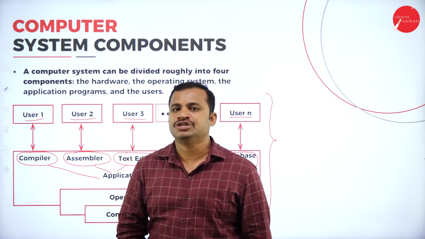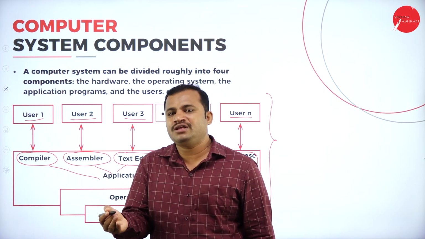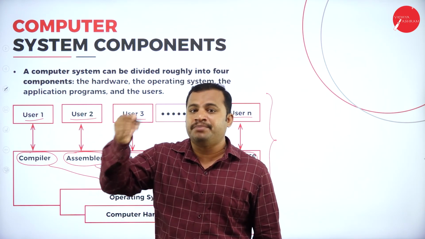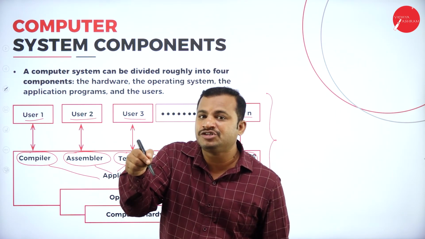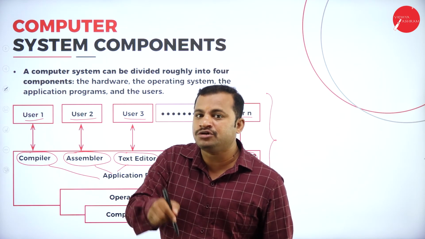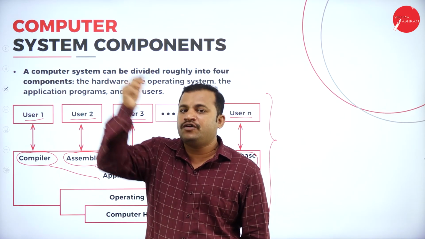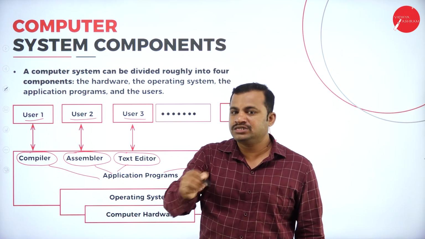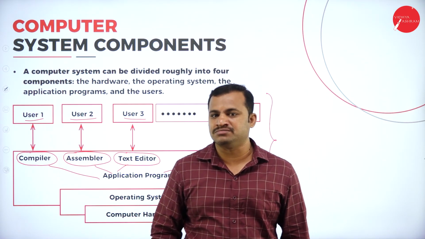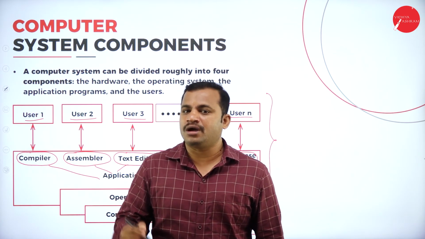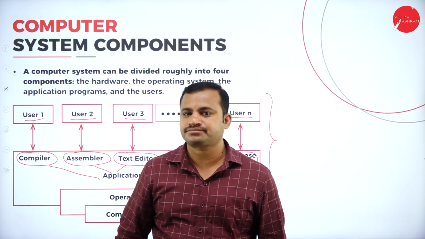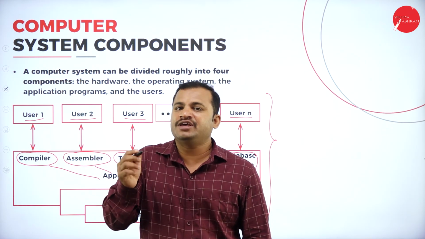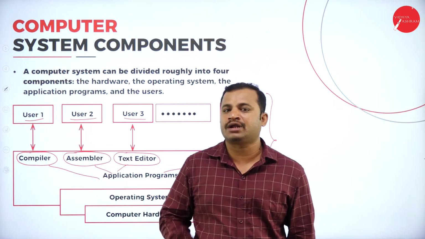And of course, the system software is also going to serve the users, but the main distinction that we can observe between the system software and the application software is: the system software is an operating system that interacts with computer hardware and users. So it is an interface between a user and the computer hardware.